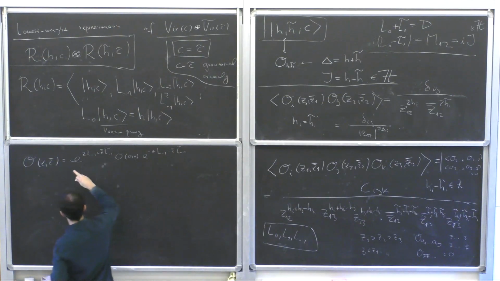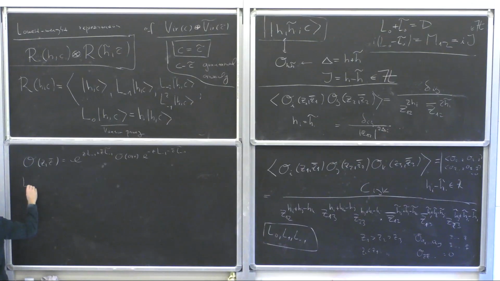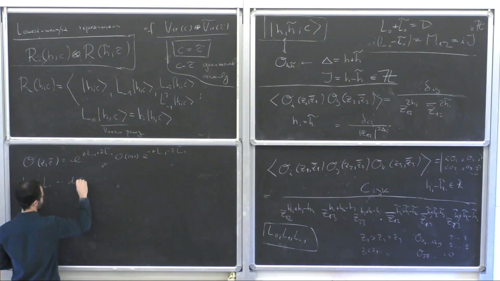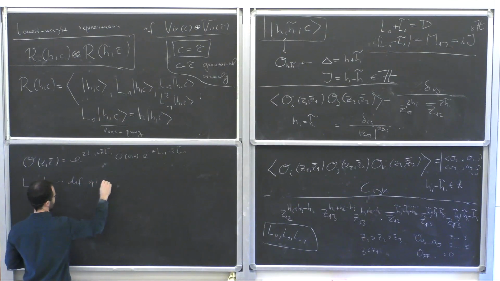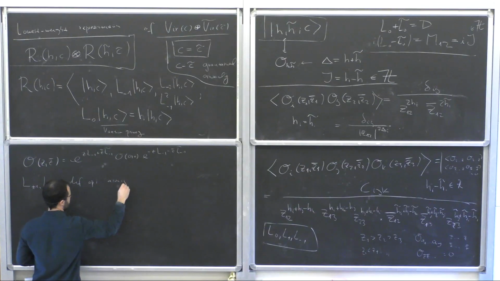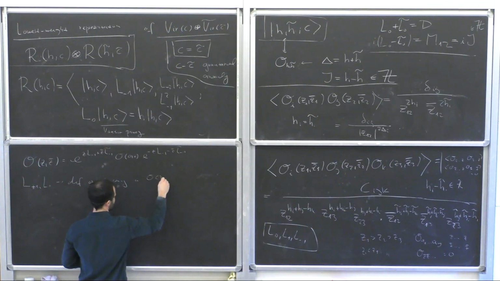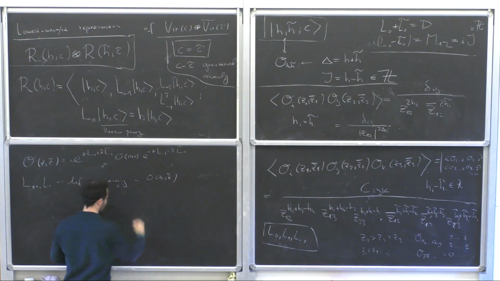Okay, so if you use this, then the L plus or minus 1, L0 become differential operators acting on the operator at z. So you can try to work these differential operators out.